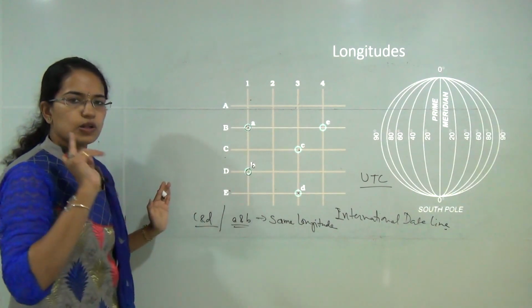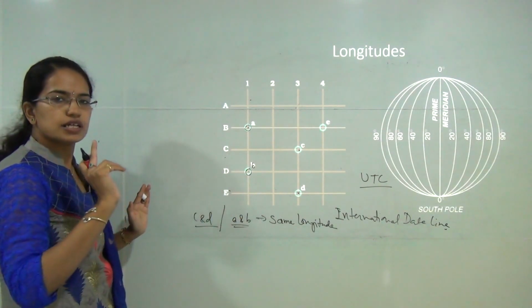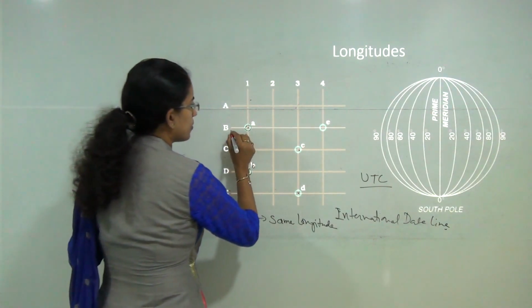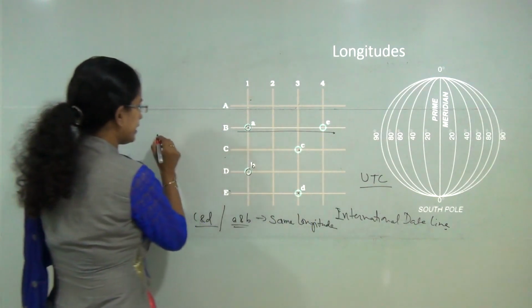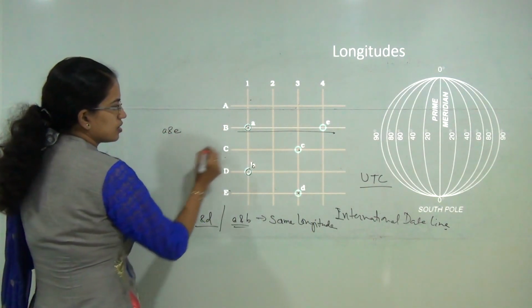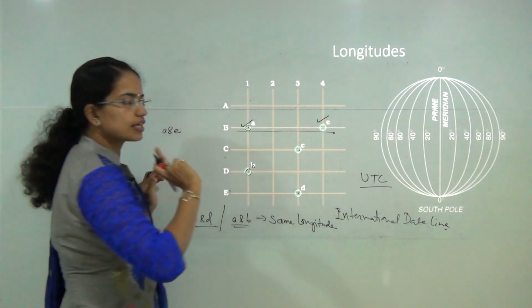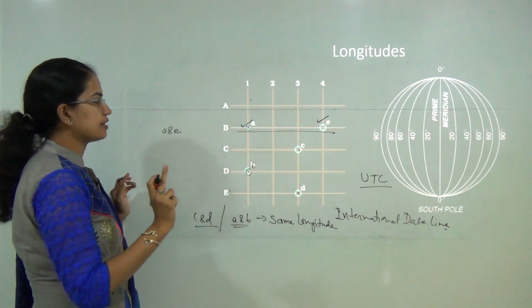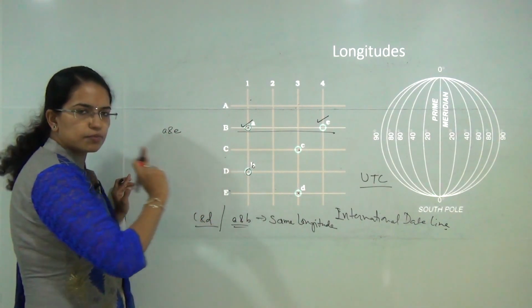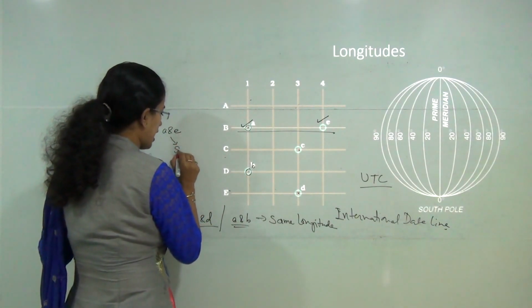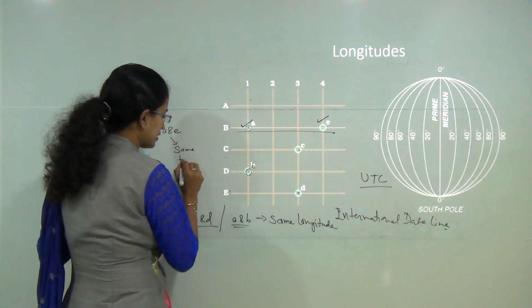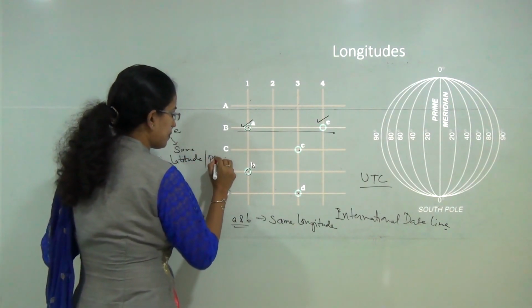However, now let's talk about the latitudes. So when we talk about latitude, A and E, so this one and this one, are running on the same horizontal line. Since they are running on the same horizontal line, they would have the same latitude, or they are on the same parallel.